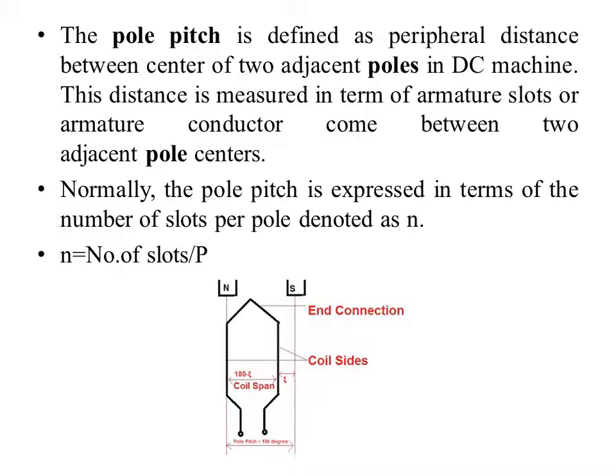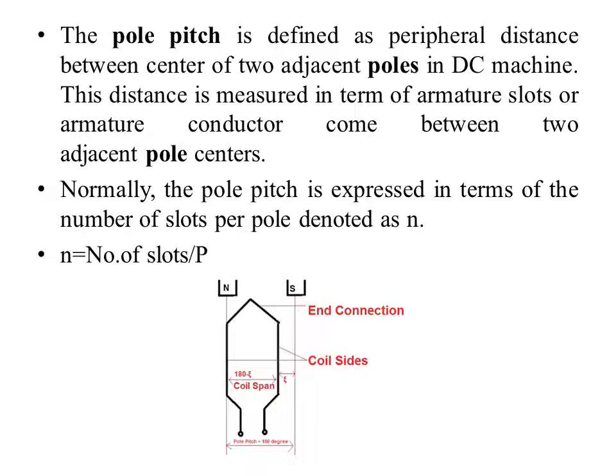Normally, the pole pitch is expressed as the number of slots per pole, denoted as N. This is useful for calculating the pole pitch or pitch factor.